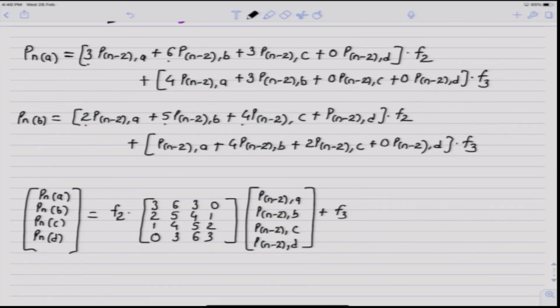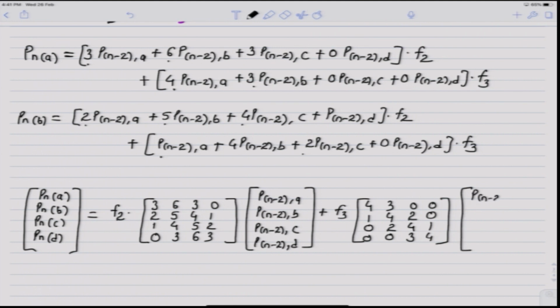Here the matrix we can write as 4, 3, 0, 0 and 1, 4, 2, 0, 1, 4, 2, 0. So, this one we can write as 0, 2, 4, 1, 0, 0, 3, 4 times the matrix of P n minus 2 of ABCD.